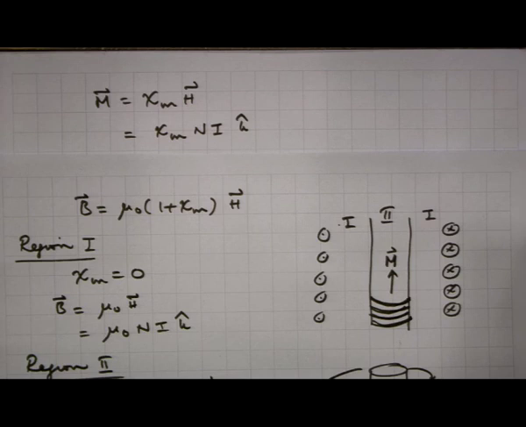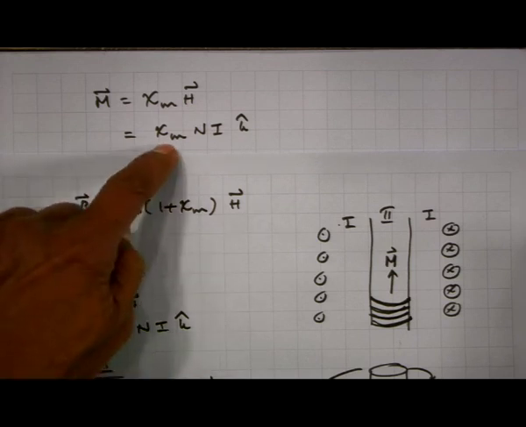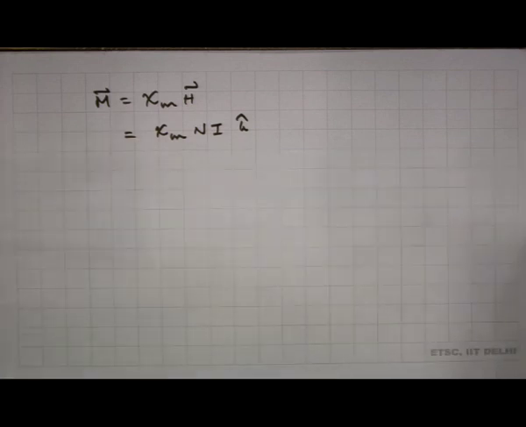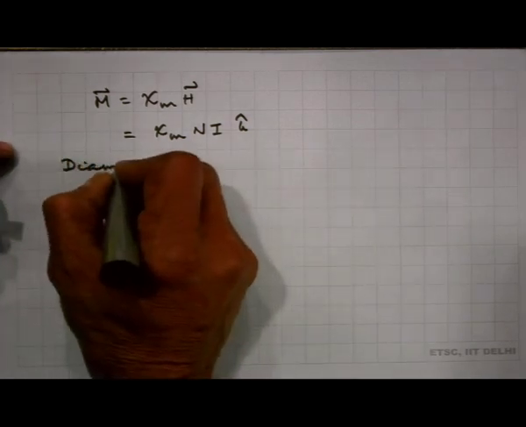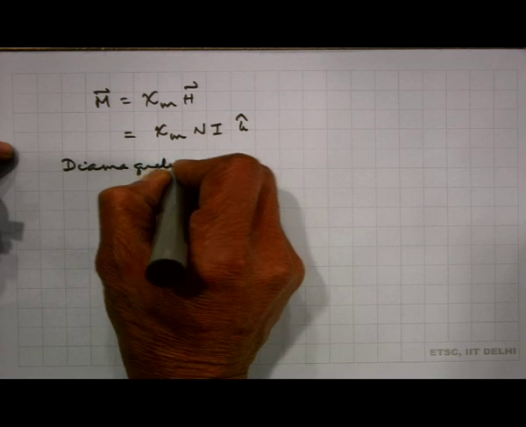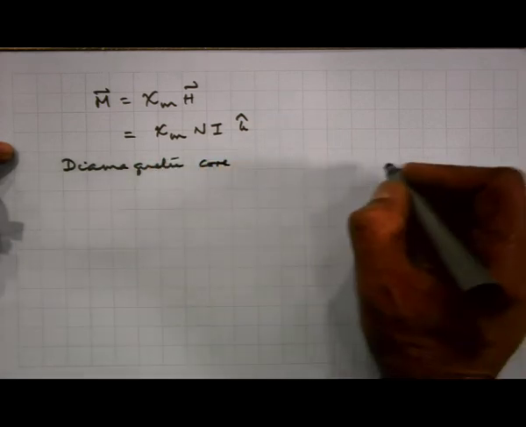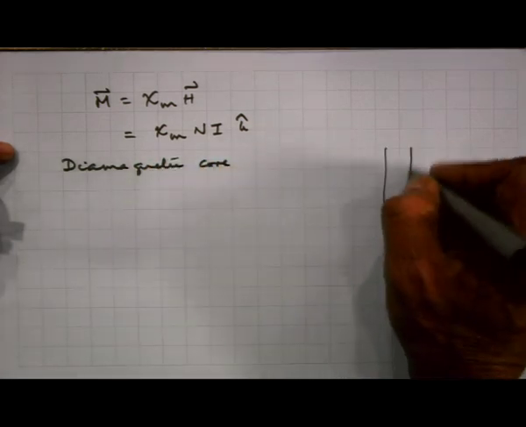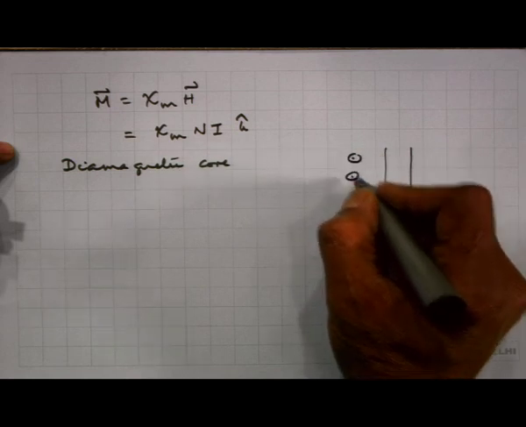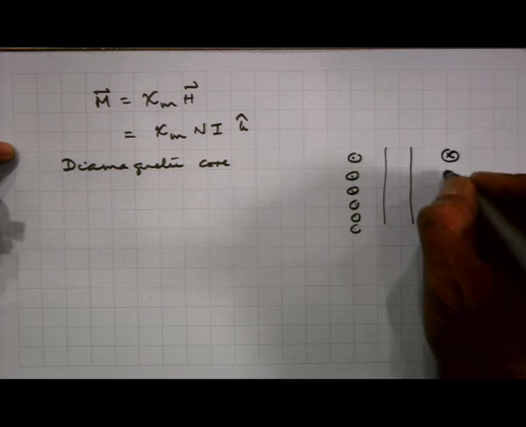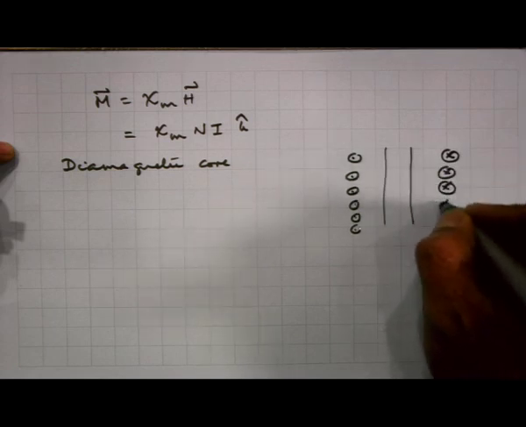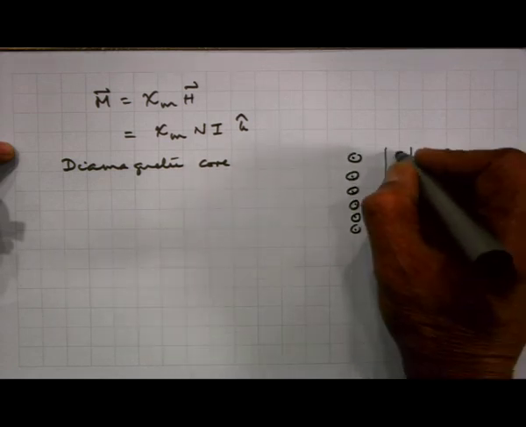Now, you see here for diamagnetic chi m is negative. So, let me draw the figure here again. So, if I had a diamagnetic core, that means if this medium was diamagnetic, magnetization is like this.